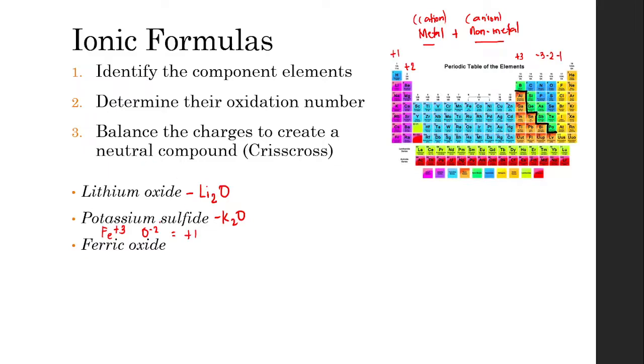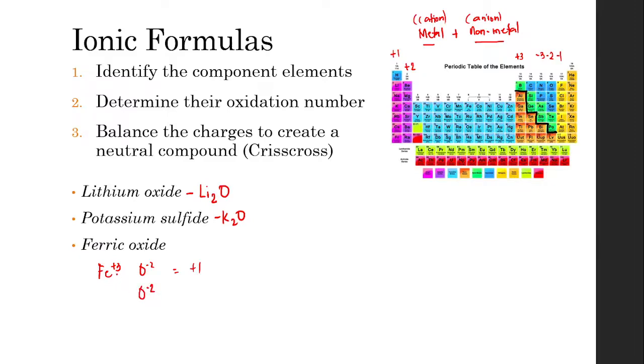It is not a neutral compound yet because we have +1, which means we need one more negative. So let's try to add another. Maybe let's write it here. This is +1. So what if I add another oxygen?